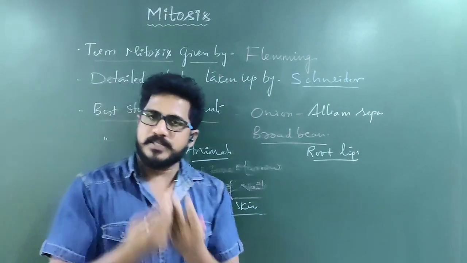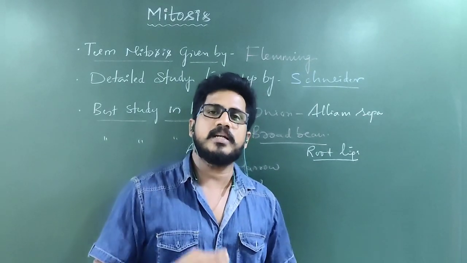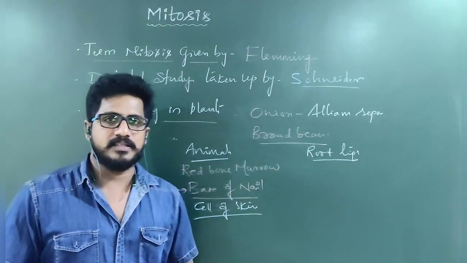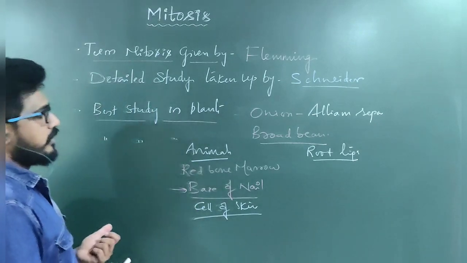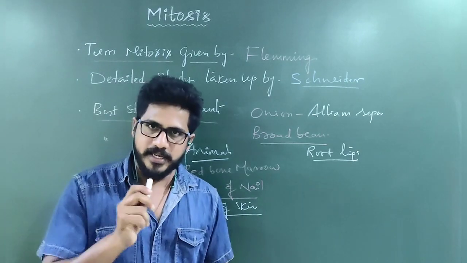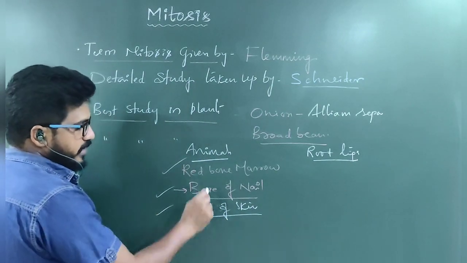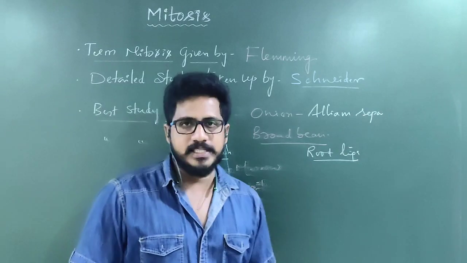Once the dead cells come out, they are replaced by fresh, new cells, so they are always in division. That is the reason three regions we can easily identify to understand mitosis. In animals, they are bone marrow, base of the nails and skin cells.